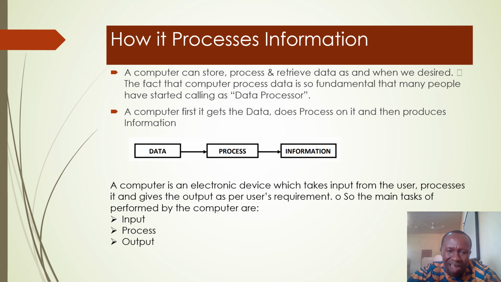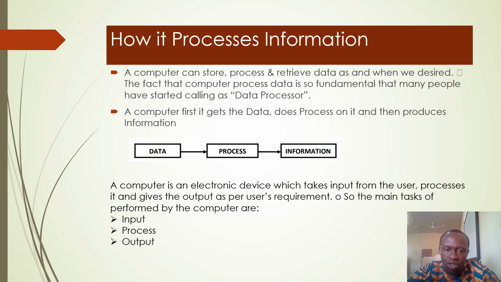So how does a computer process its information? A computer can store, a computer can also process, and a computer can retrieve data as and when we desire it. The fact that a computer processes data is so fundamental that many people have started calling it a data processor.